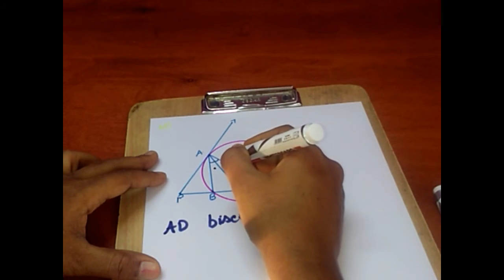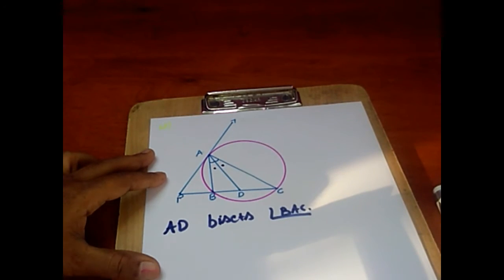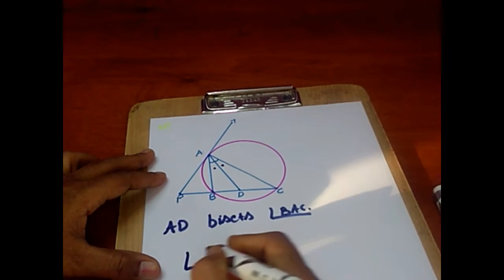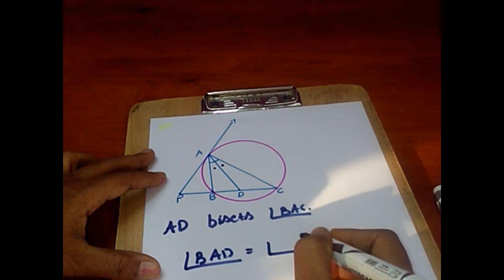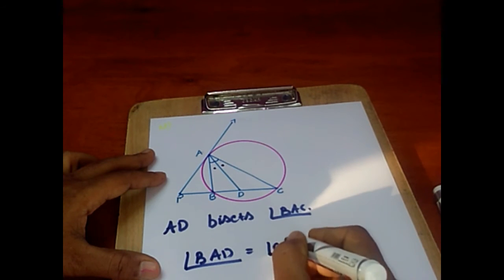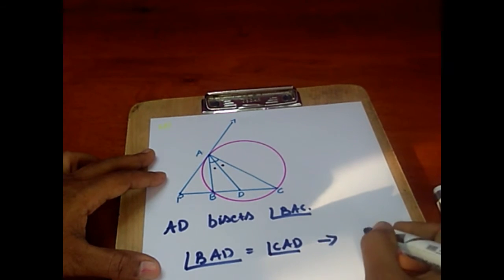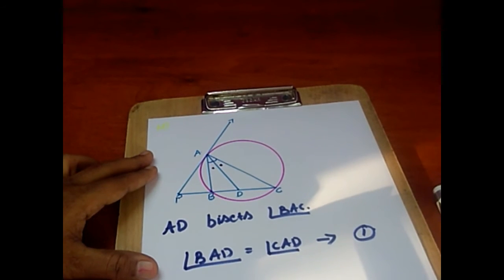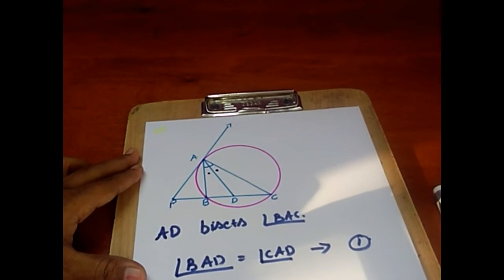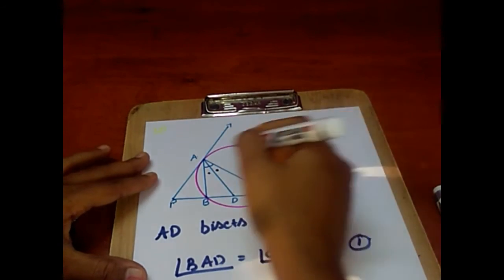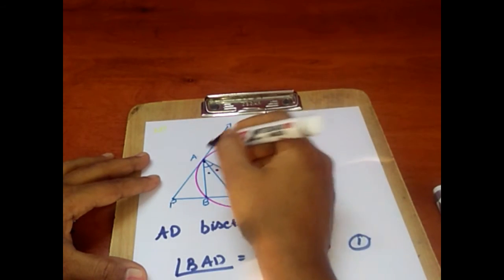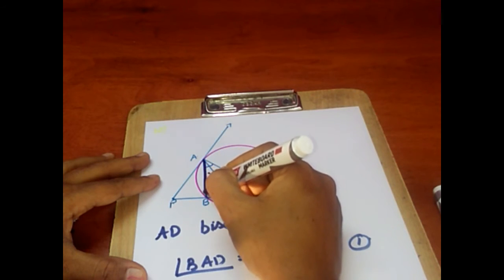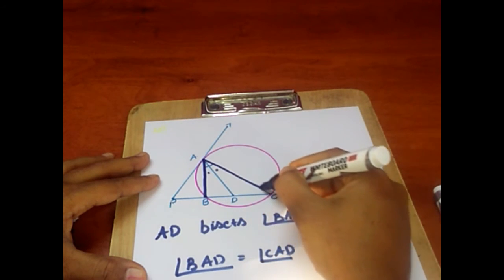As it bisects BAC, I can say measure of these two angles, namely angle BAD is equal to angle CAD. Result number 1. Now you can easily observe that if you consider this triangle, which triangle? That is ACB.